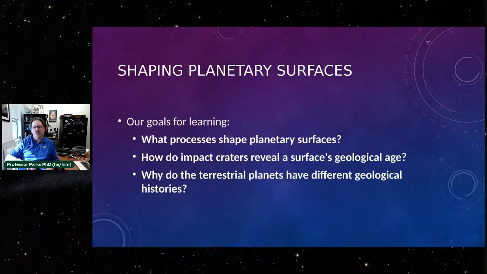So what is our goal with learning about planetary surfaces? Why do astronomers care about essentially the morphology or the characteristics of a planetary surface, such as, why do we care about cratering? Why do we care about evidence of volcanism or tectonics or what have you?